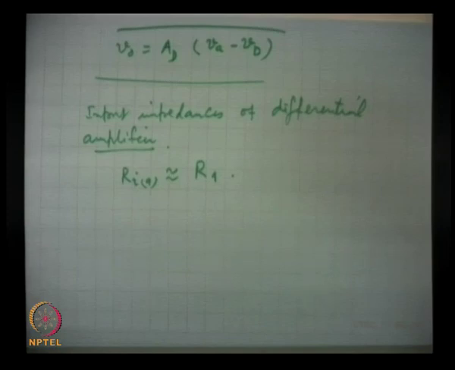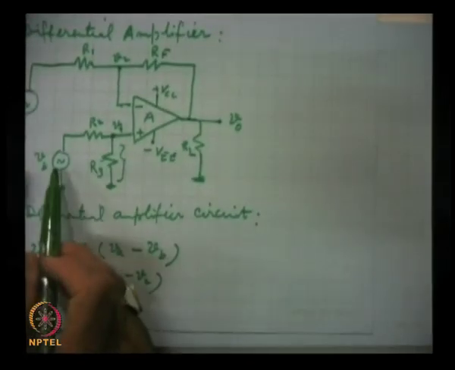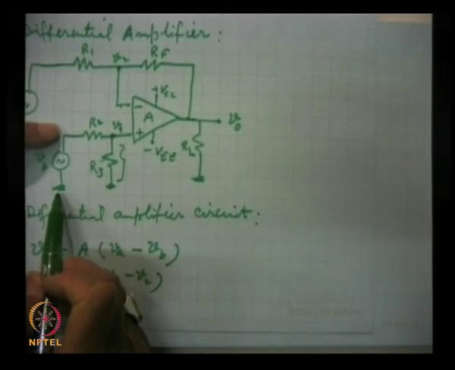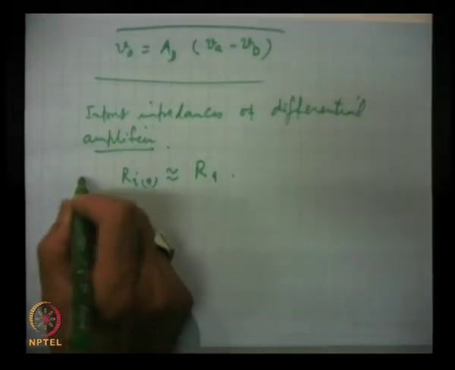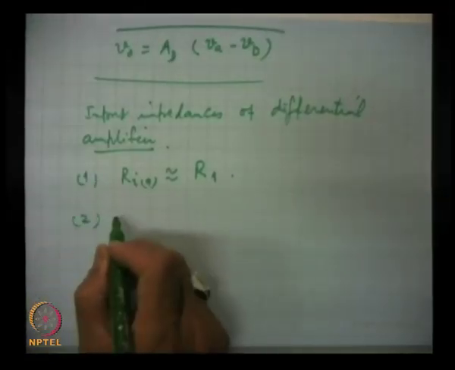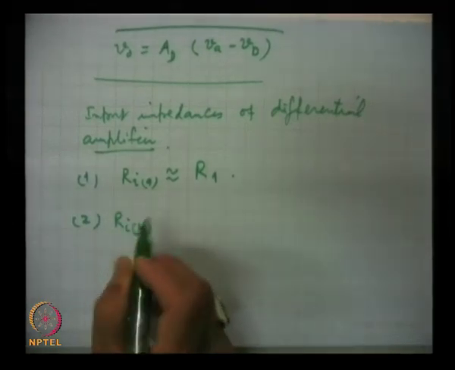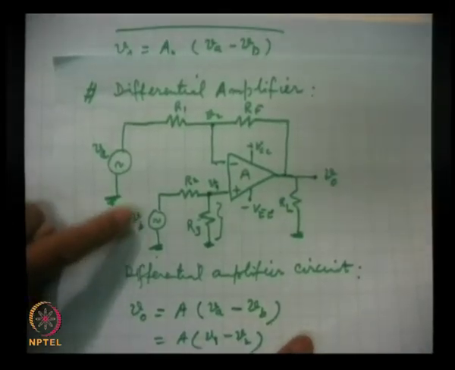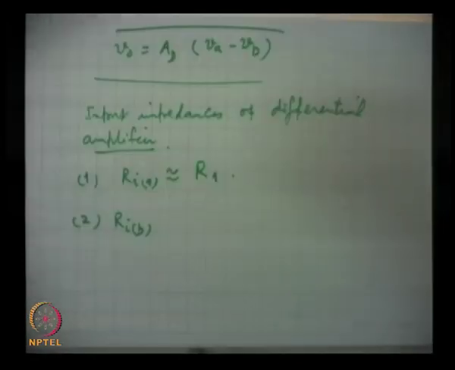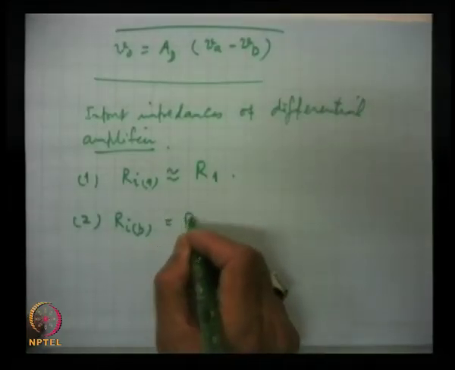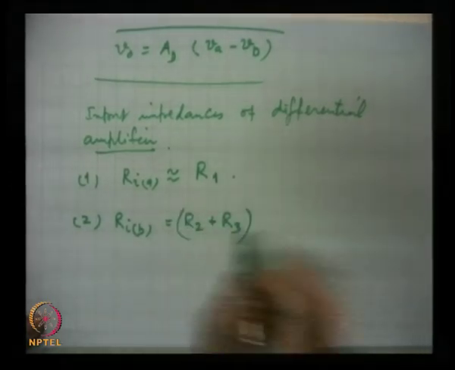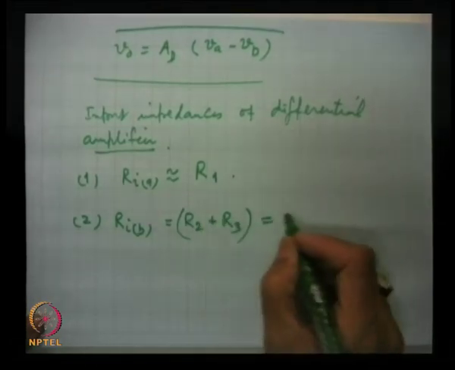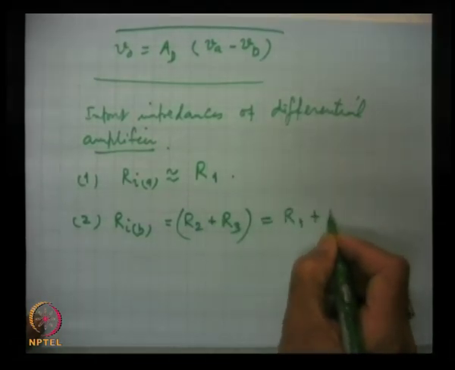And for the non-inverting amplifier, what is the impedance which will be seen here between this and ground? These two in series. So this is RIB, because of this VB, what the VB source will see as the impedance will be R2 plus R3, and because we have taken R1 equal to R2, so this is R1 plus RF.